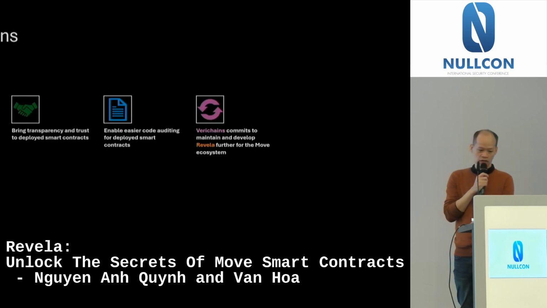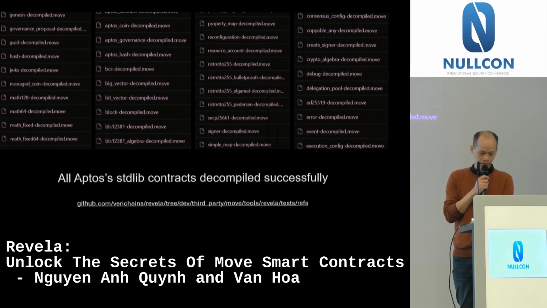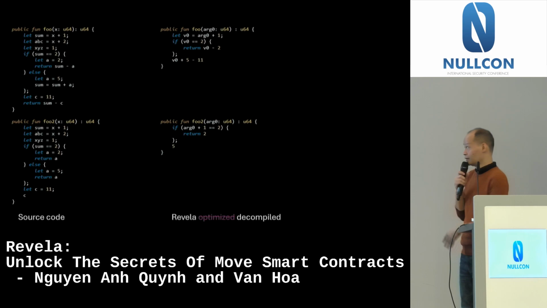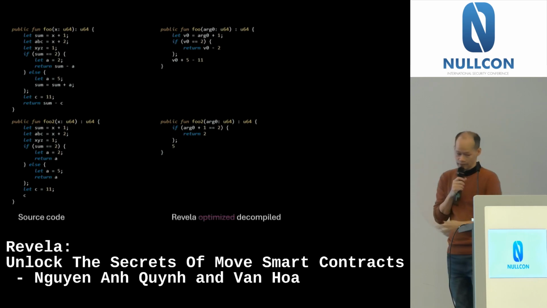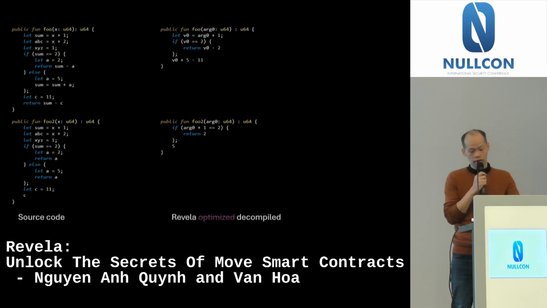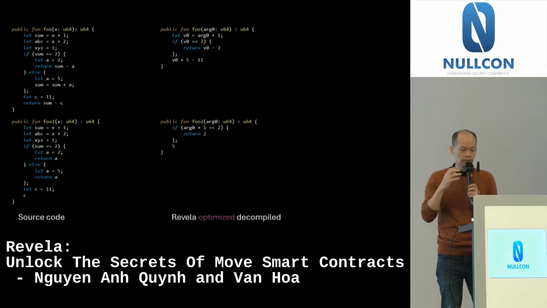Okay, here, go back to this slide, for example. Compare the code on the left side and the right side, right? The left side is the original code. Now we compile the code on the left side, we get the Move bytecode, right? Now we feed the Move bytecode to Revela, we get back the cleaner source code. Now if we compile the cleaner source code, we get back another bytecode, right?